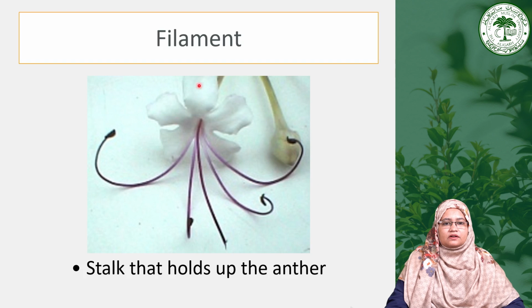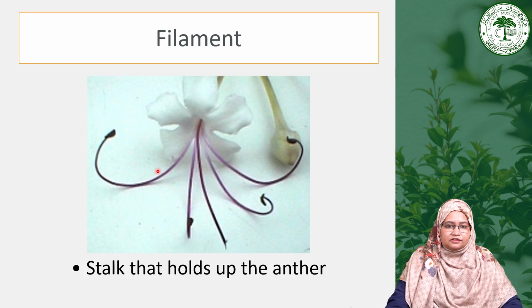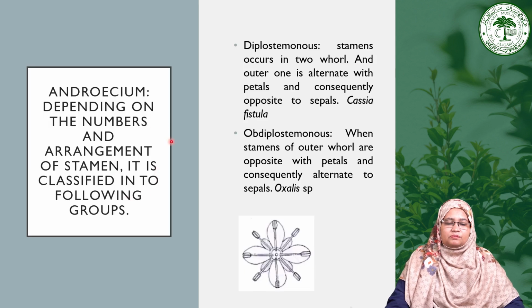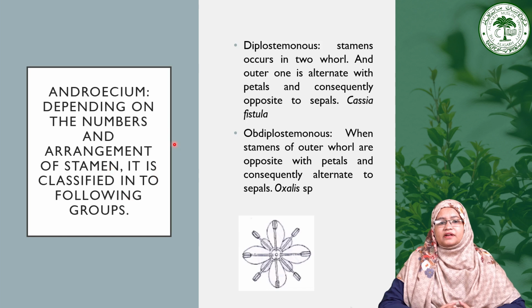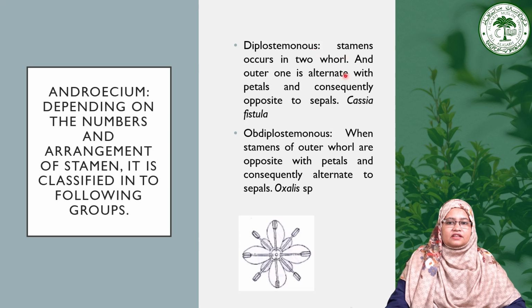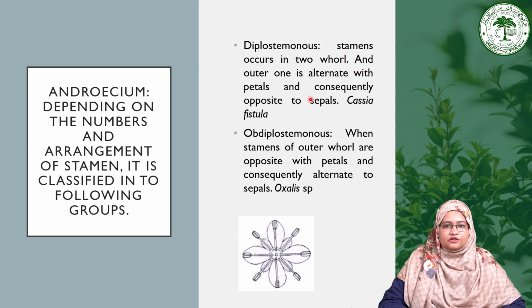The next part of the stamen is the filament, which is a stalk connecting the anthers to the flower. So that holds the anther, and depending upon the androecium, their number and arrangement, they are classified into different groups. Like in case of obdiplostemonous, stamens occur in two whorls, and the outer whorl alternates with petals, and the inner whorl is opposite to sepals, as in case of Cassia fistula.